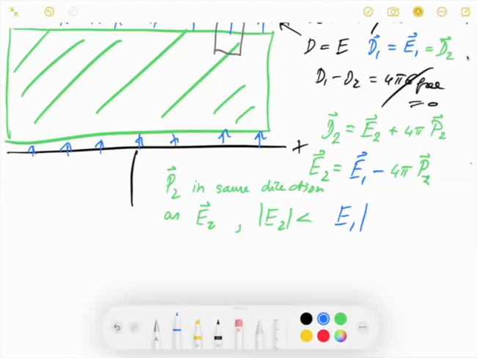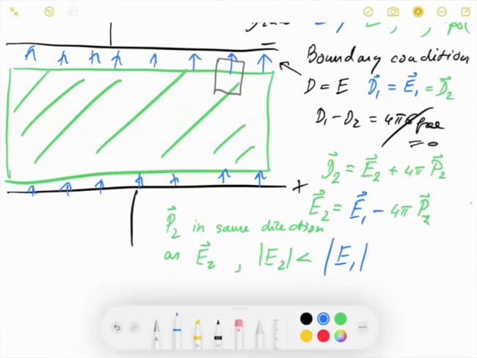Well, what does that mean? That means that the field lines will be spaced further apart. So 1, 2, 3. So that's the field in region number 2.